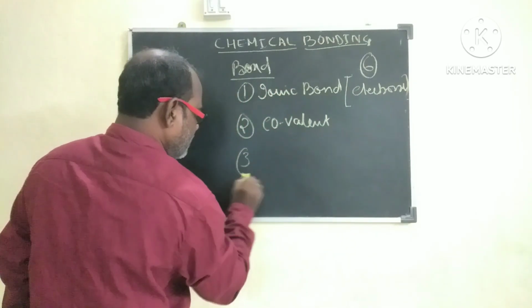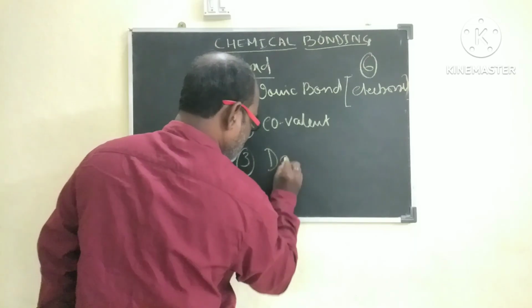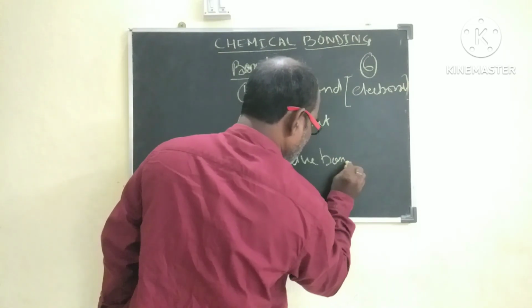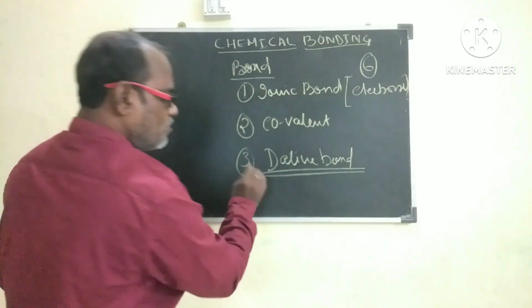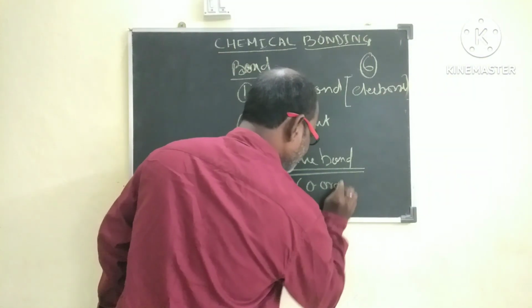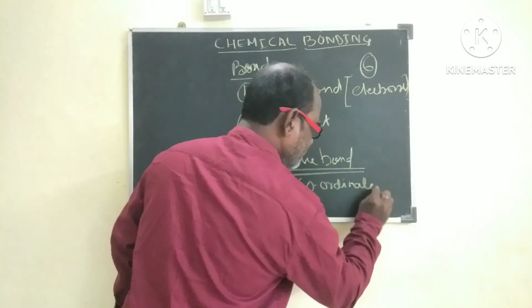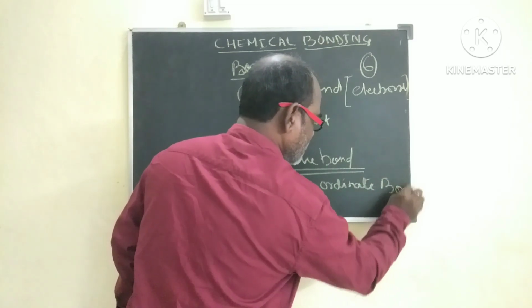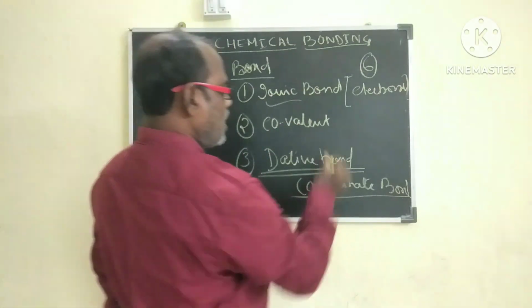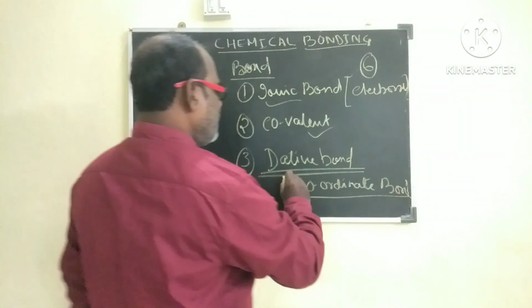And number three, dative bond. This dative bond is also called coordinate bond. So in your syllabus, you have ionic bond, covalent bond, and dative bond.